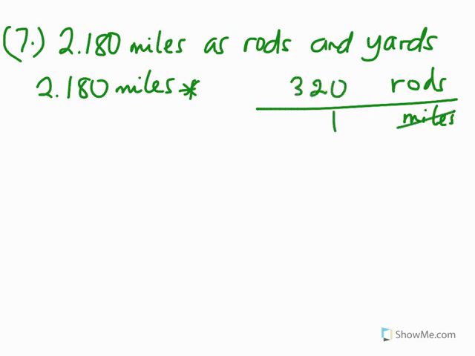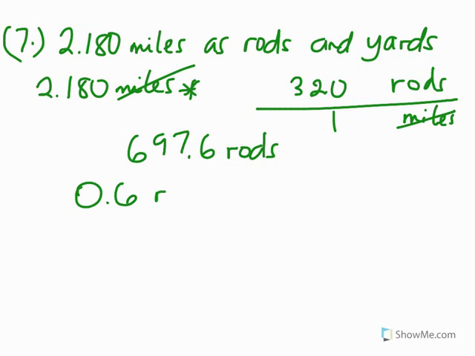This will cross out, and so we have 697.6 rods, right? So we keep the 697 and we multiply the 0.6 rods. We multiply the decimal part and convert it to yards.